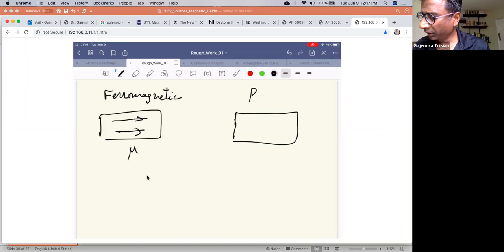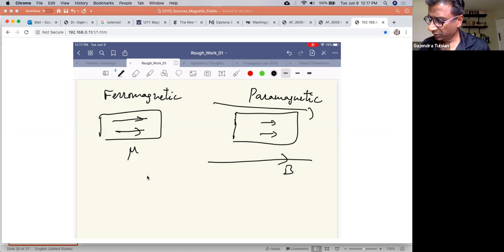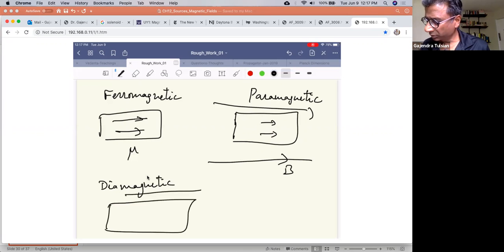A paramagnetic material, you put it in an external magnetic field and it will acquire a magnetization. A diamagnetic material, you put it in an external magnetic field, and it will acquire magnetization in the opposite direction.